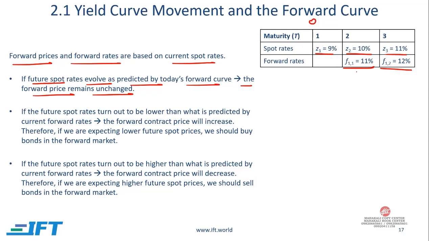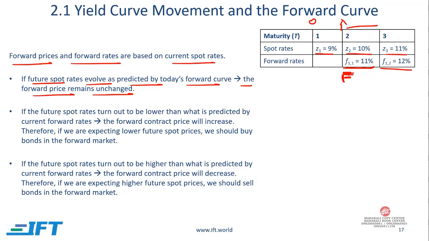So the point here is that we have a certain forward price over here based on this forward rate. And if we come to this point in time, 1 year later, we are over here. If the 1 year spot rate is 11%, which is what was originally predicted, then this forward price will stay the same.